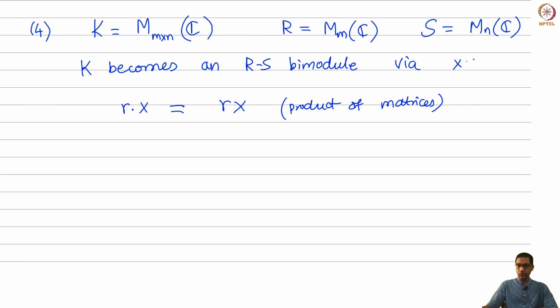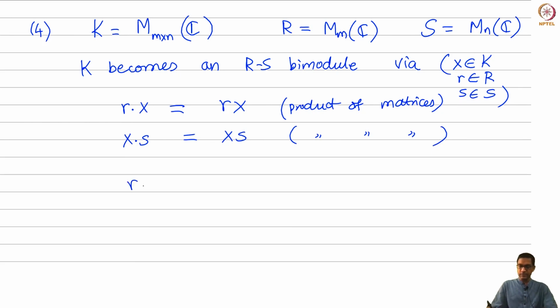Okay, now this I am defining for all x in K, r in R, s in S. Okay, so x from K means it's an M cross N matrix, which I can multiply by an M cross M matrix, so it makes sense, and the answer is again M cross N. So that's my definition on the left, and on the right it's again matrix product, but now I take a product on the right, that's again well defined, and again the answer is still in K.